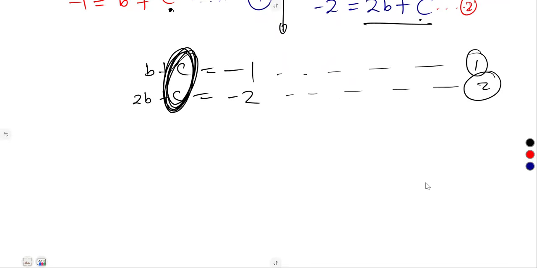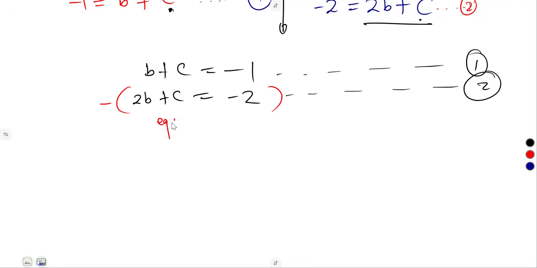To eliminate, that's to remove that part, to get rid of it. So to get rid of the c, are we going to add or subtract equation 1 and equation 2? It is you asking yourself that. If I add, am I eliminating here? Or if I subtract? Since we've got the same sign there, we must subtract.